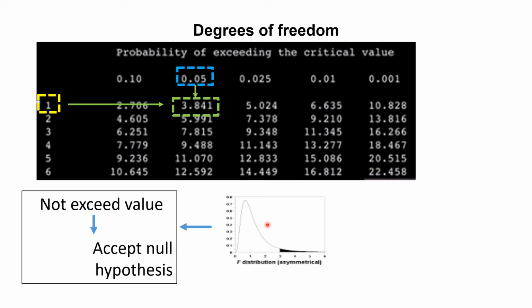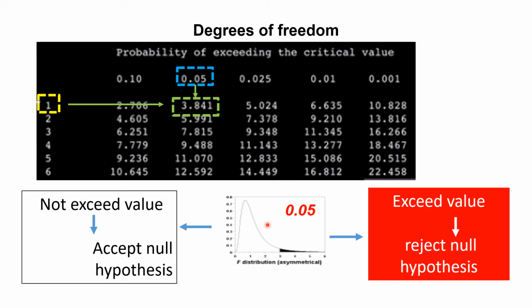So if we are here, we accept the null hypothesis. On the other hand, if it exceeds this and goes into this black region, we will reject the null hypothesis. Here we have 3.8, and the value that we got was lower, so we will accept the null hypothesis.